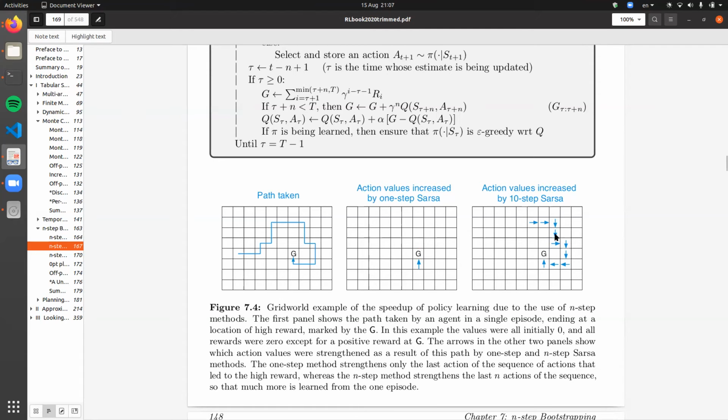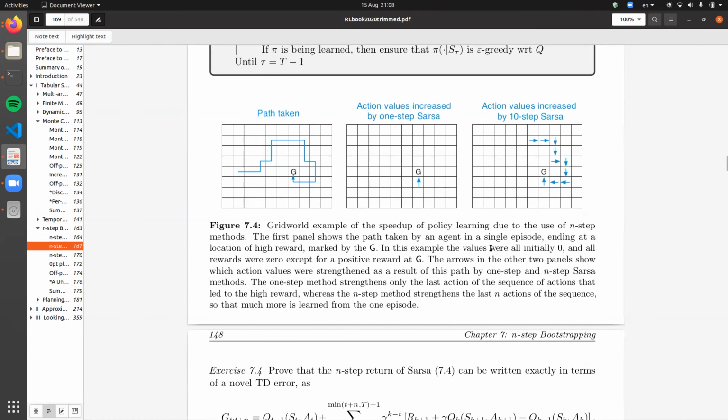So we count the discounted reward observed at state G through all these states, right? And that is why we will do much more, or precisely 10 times more, updates to our action value function compared to the regular Sarsa.